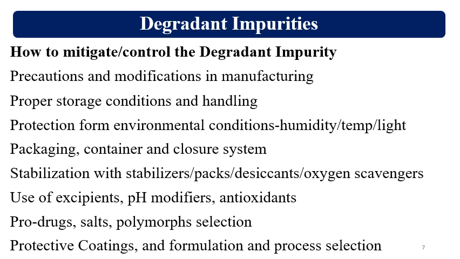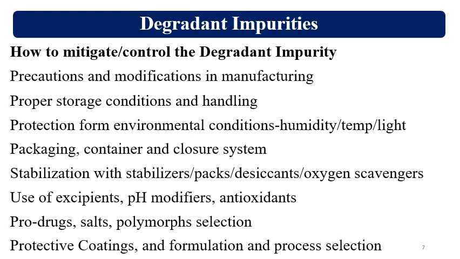Then process selection. For generic formulations, generally process selection is very important, and if you know the sensitivity of your API for degradation, based on that you can select the appropriate procedure. For example, if the API is prone to hydrolysis due to water, you can go for non-aqueous type of granulation, or you can go for dry granulation.